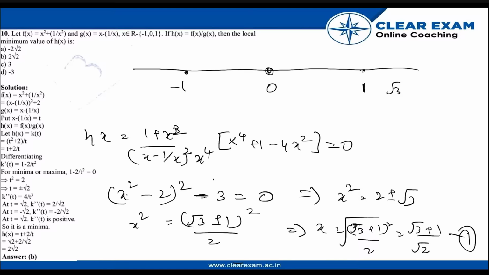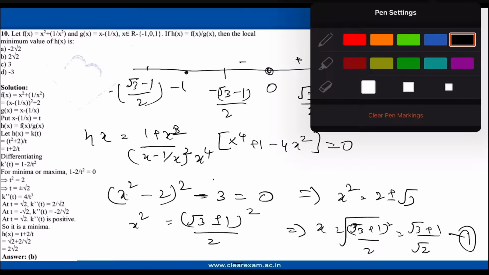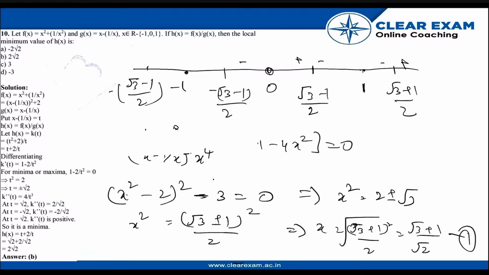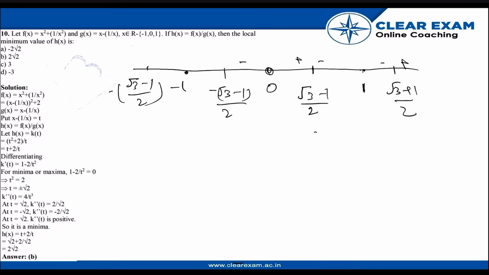So (√3 + 1)/√2 lies here, call it a maximum point, and (√3 − 1)/√2 lies here, and the negative values lie here. So now we have x equals (√3 + 1)/√2.